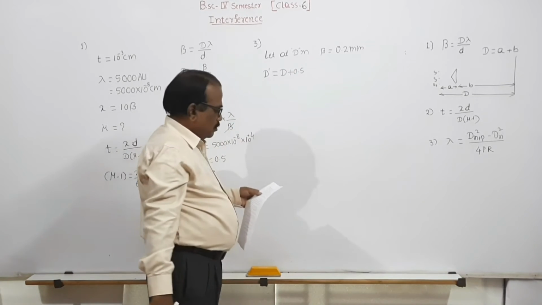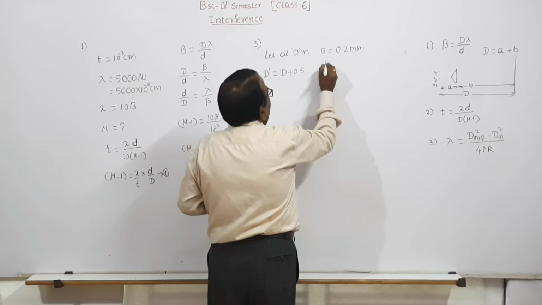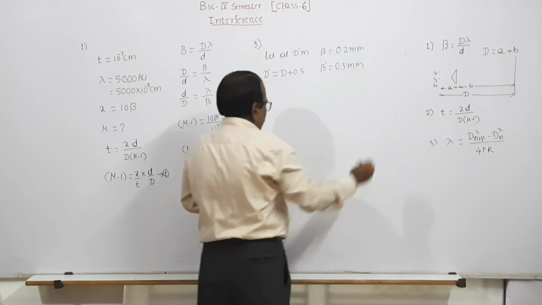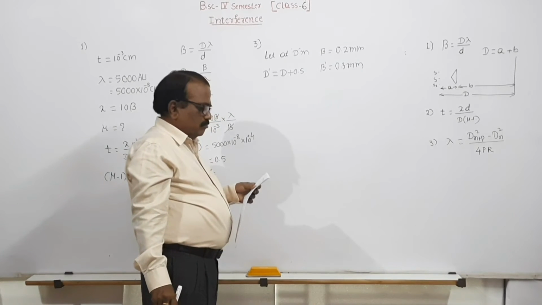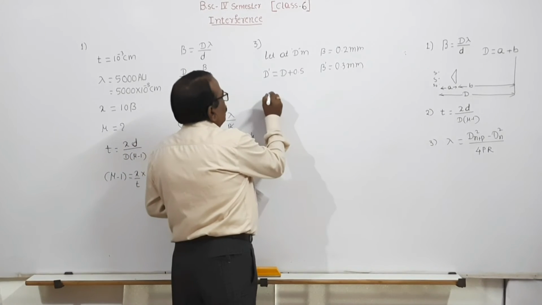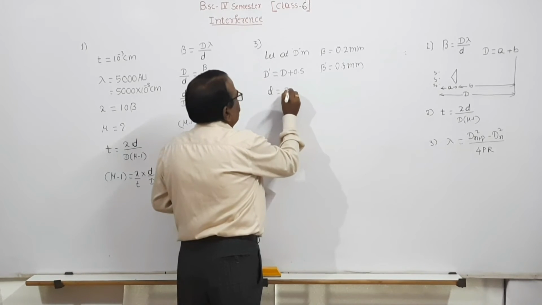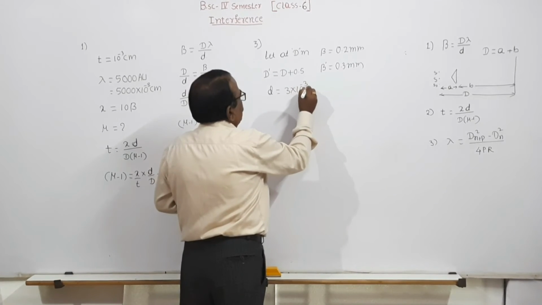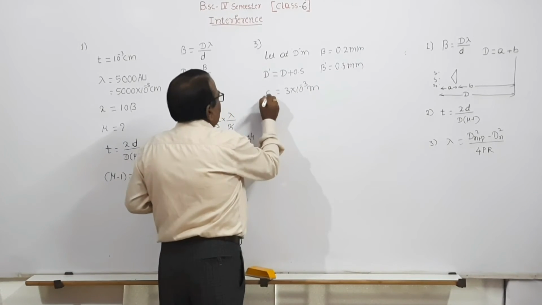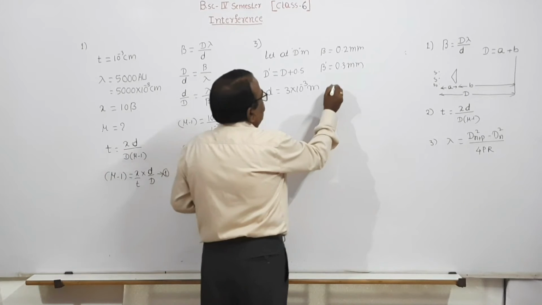It has moved. Fringe width becomes 0.3 millimeter. Beta dash is 0.3 millimeter. If the distance between two coherent sources d is 3 into 10 raised to minus 3 meter, calculate wavelength of the light used.